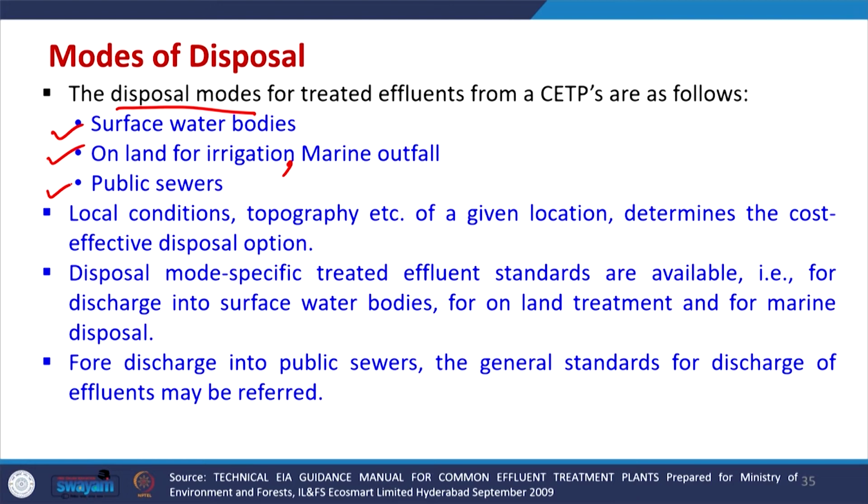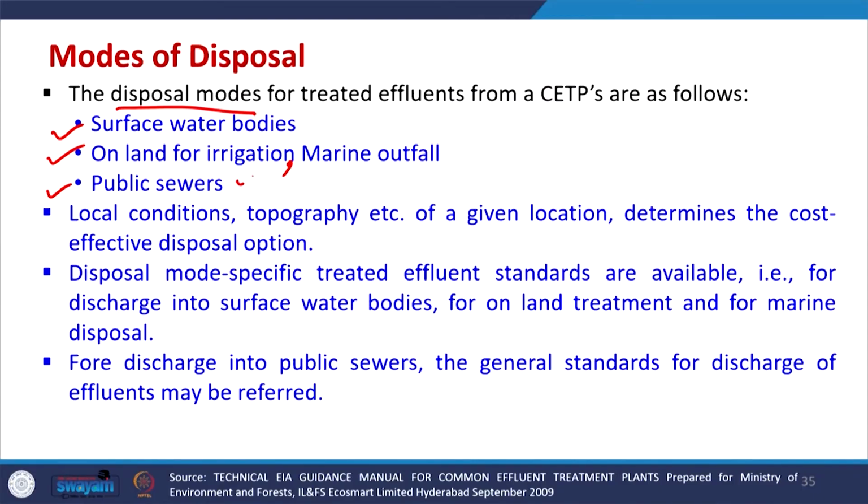Any of these strategies are possible. Some industries are allowed to use irrigation; for example, for the sugar industry, land irrigation is allowed. Marine outflow is also common for industries in the coastal belt.